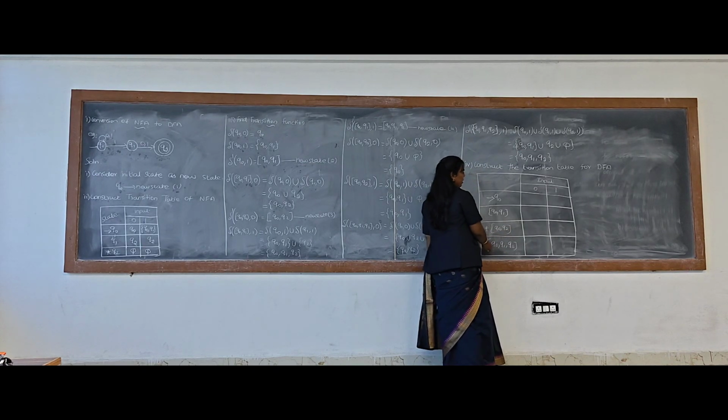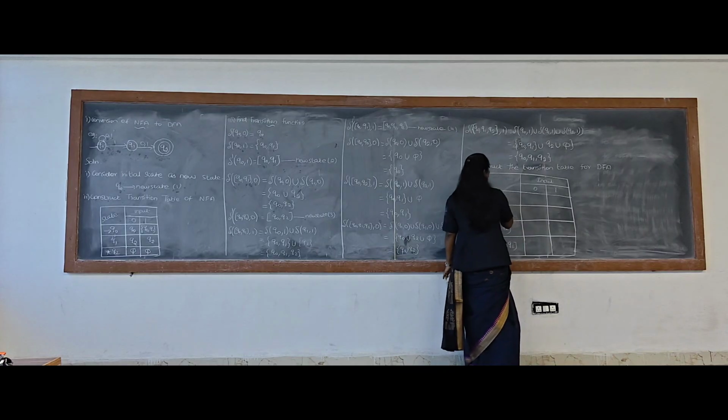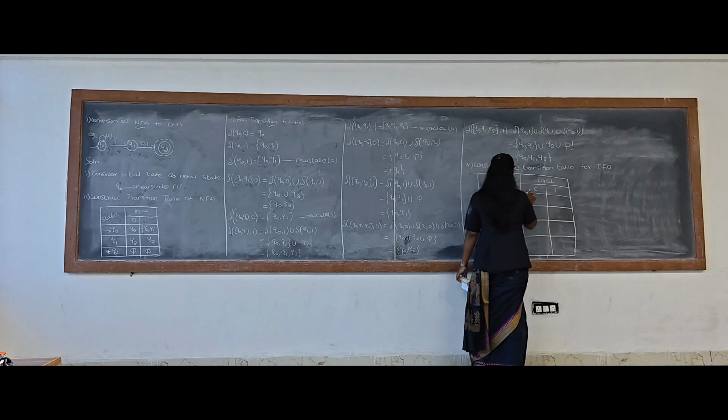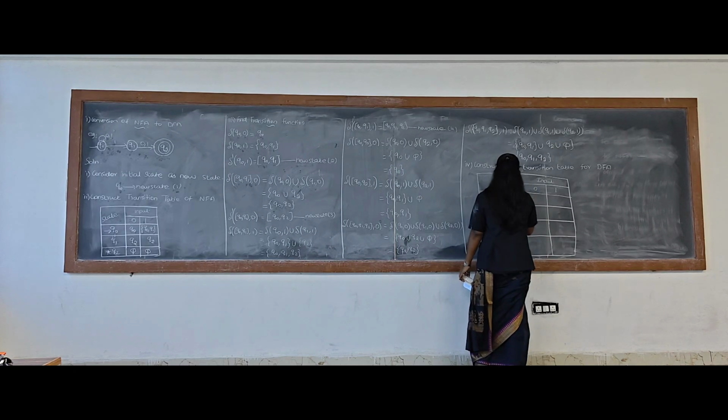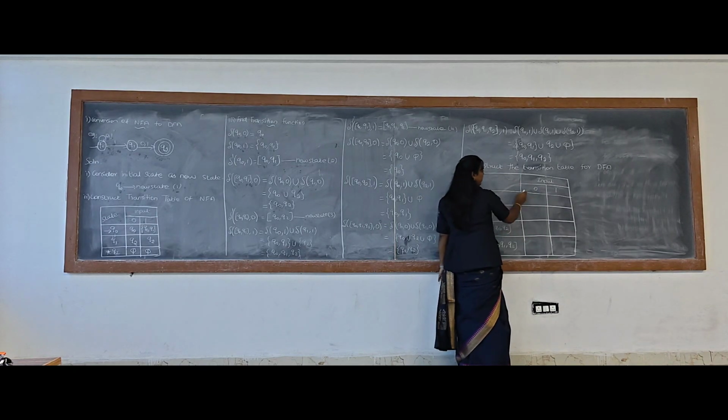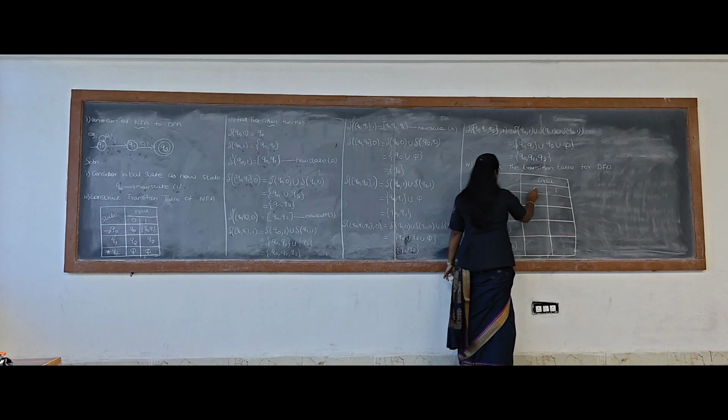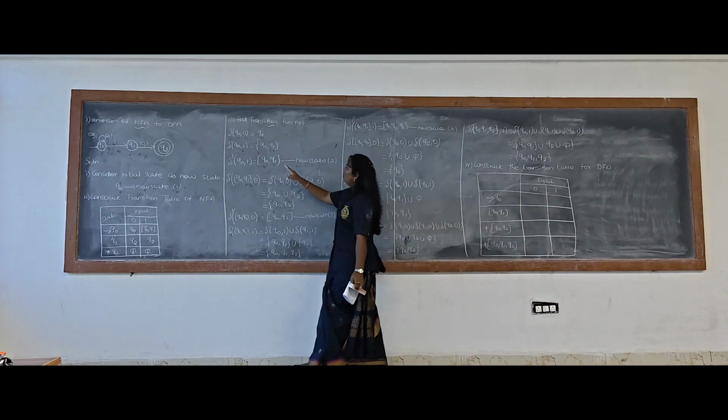So here we are in the state of Q0. By using the input symbol 0, Q0 moves to another state, which means from Q0, by reading the input symbol 0, it will move to the state Q0, right? So here we can fill in Q0.